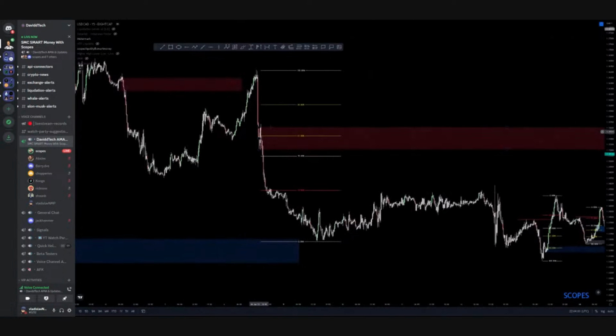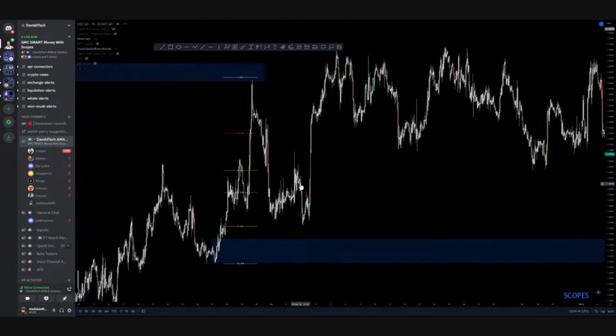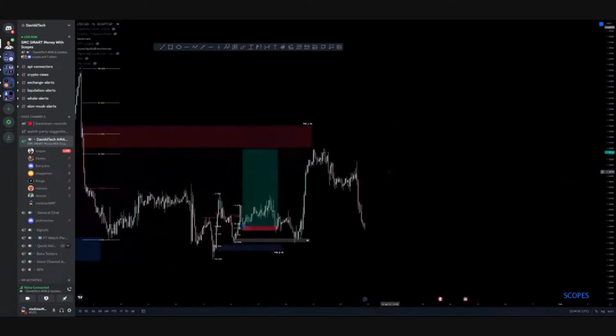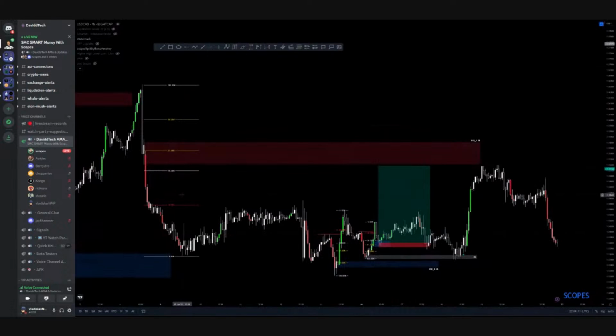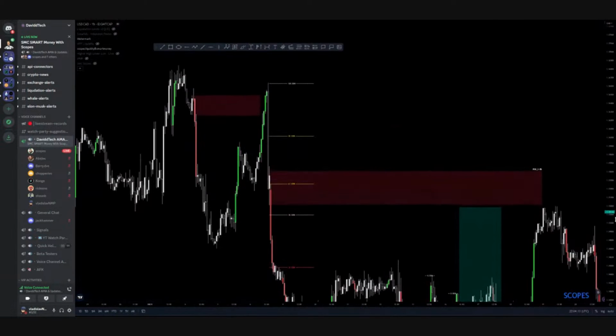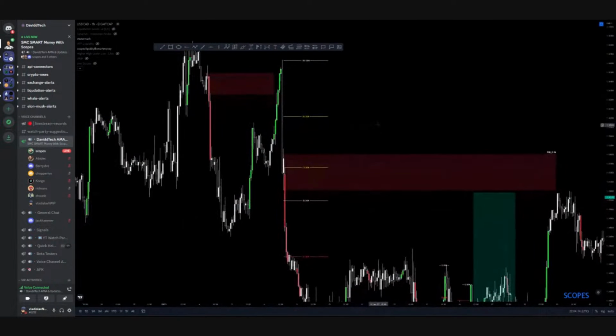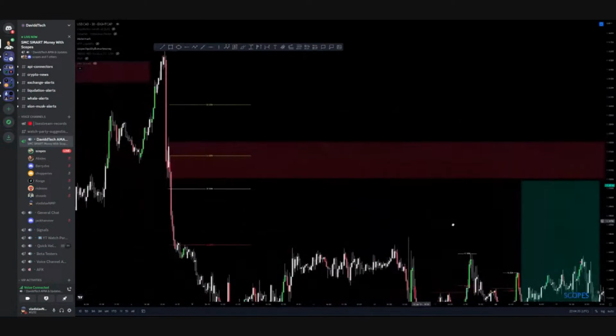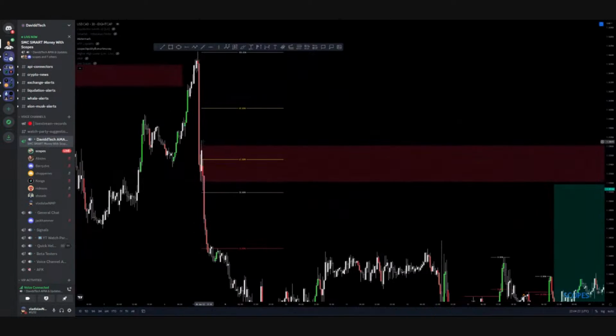This is on 15 minutes, so just quickly change to the hourly so you can see. Just change it to 30 minutes. That's not a very clean candle. So you can see this here is the candle that would be the selling zone.